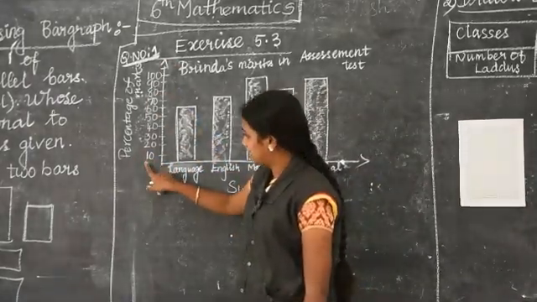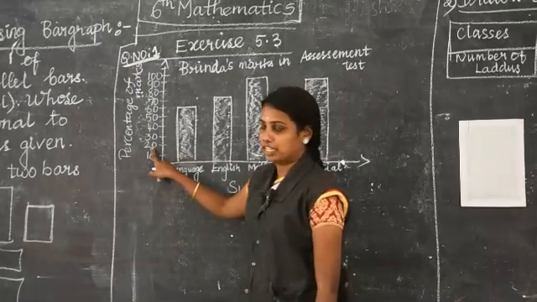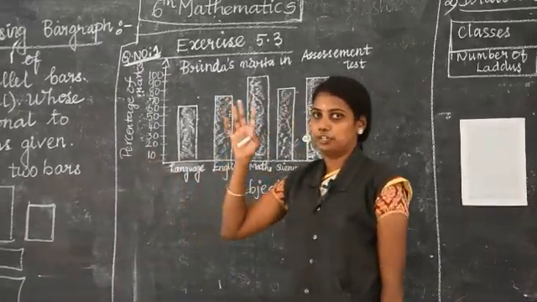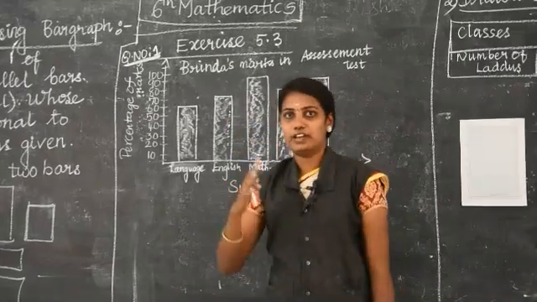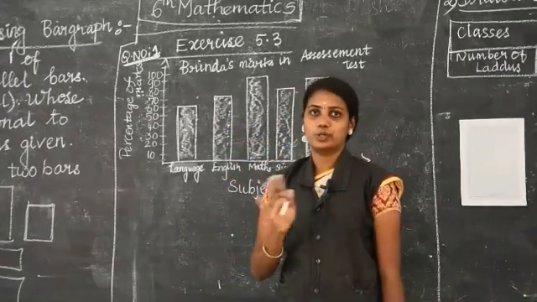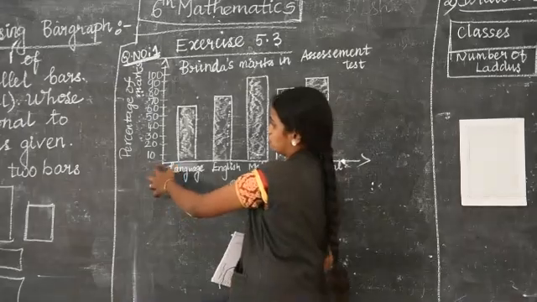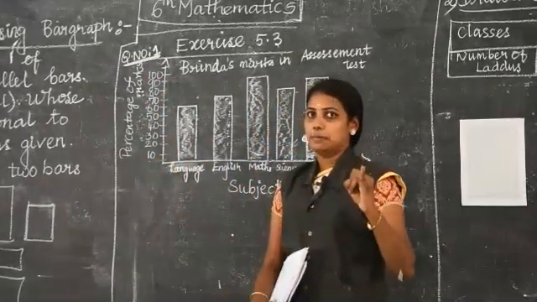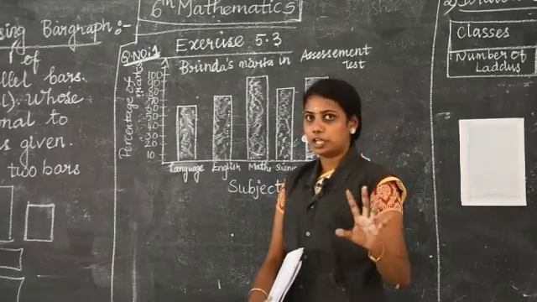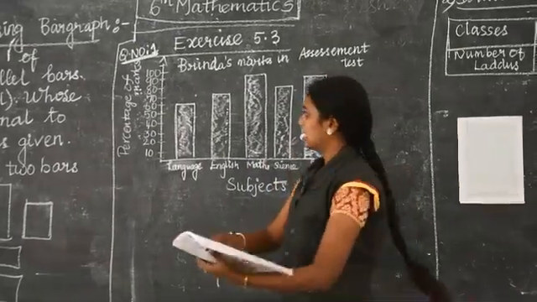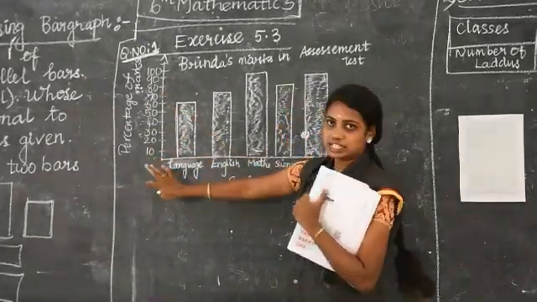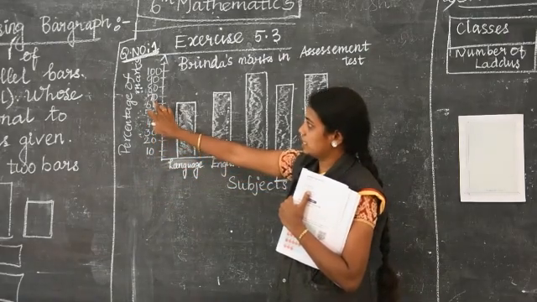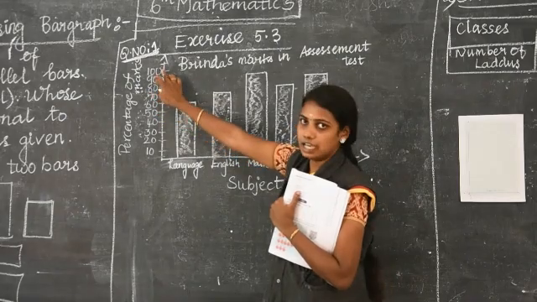If you take 10 here, then here should be 20. If you take the 2 table, follow the 2 table. You cannot write 2 after 5, 5 after 10, as you like. The units must be fixed. 10 table, 5 table or 2 table, according to the question. Here we have taken 10, 20, 30, 40, 50, 60, 70, 80, 90, 100.